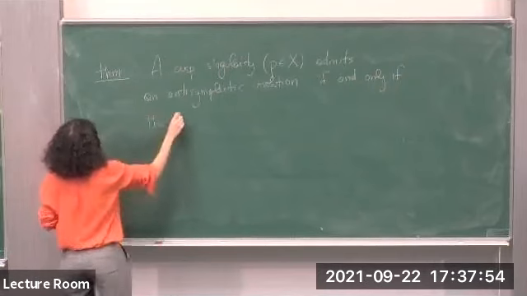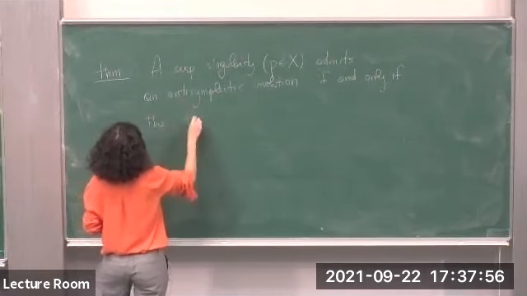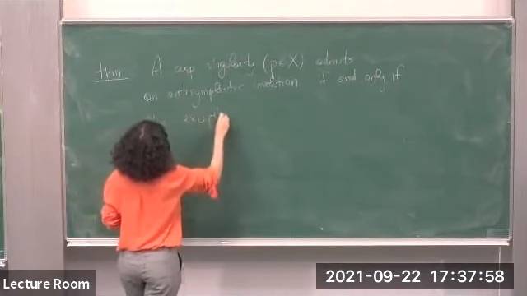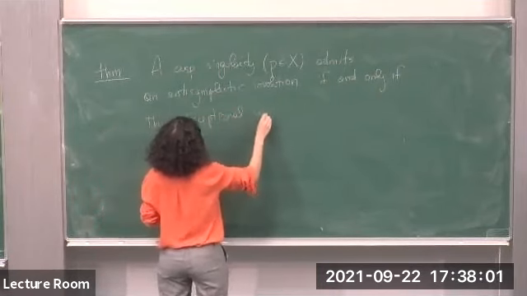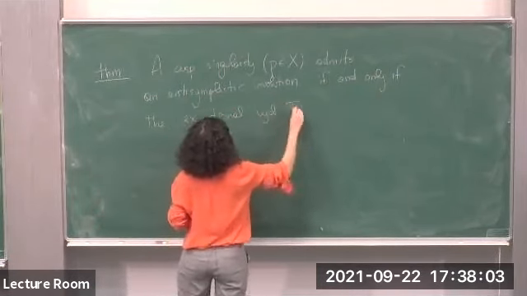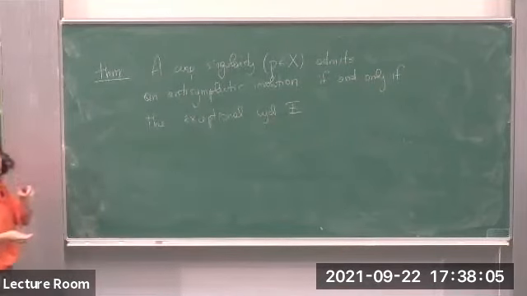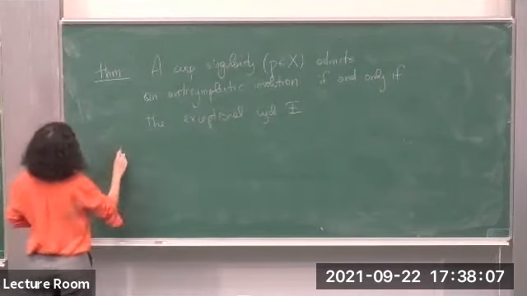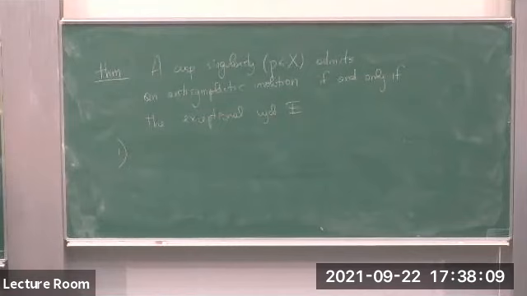the exceptional cycle has the following properties. So two properties. The first one is the involution is not allowed to fix any node. It can only fix two components.